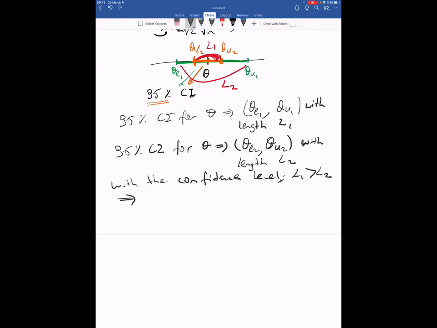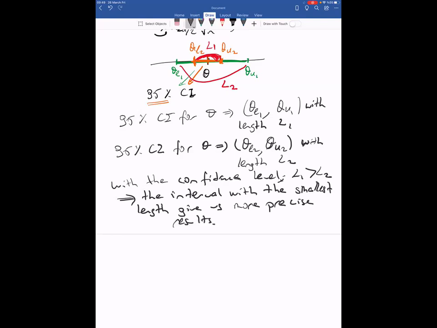So this means that the interval with the smallest length gives us more precise results.